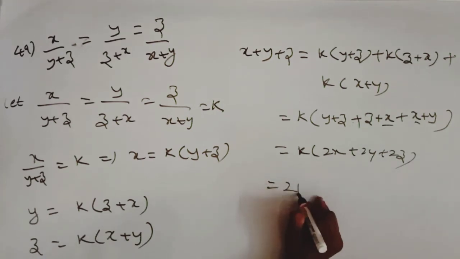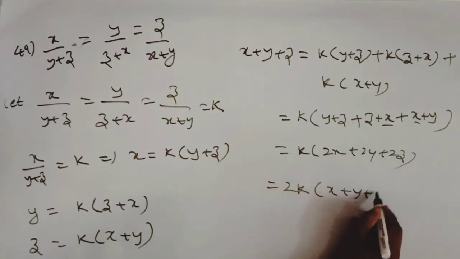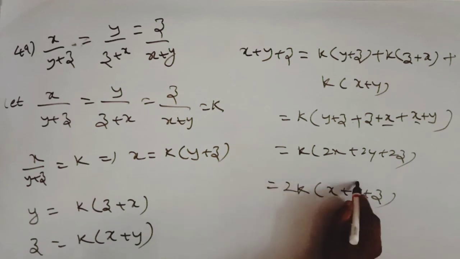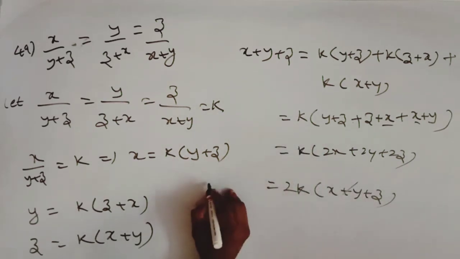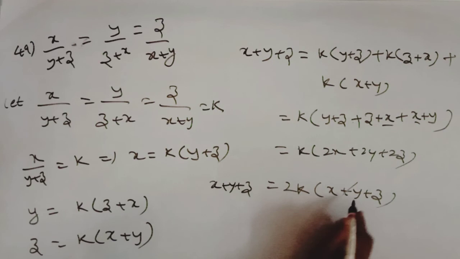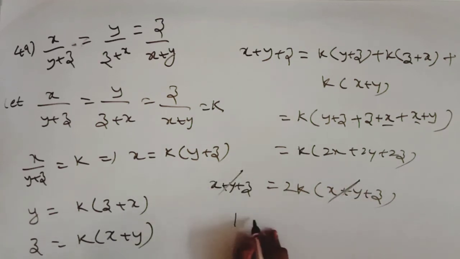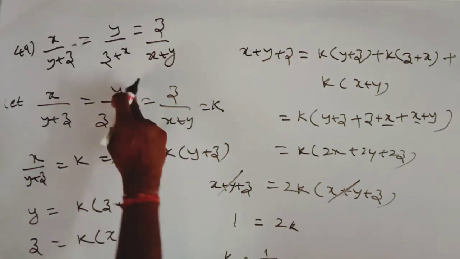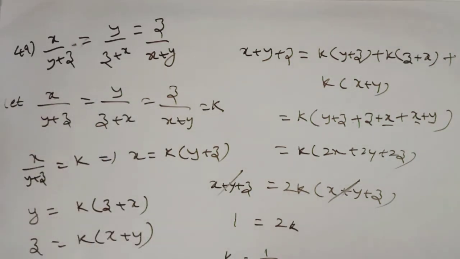Now I'm taking 2 common, 2k into x plus y plus z. Okay, so now x plus y plus z is equal to 2k into x plus y plus z. Now x plus y plus z will be cancelled, that is 1 is equal to 2k, then k is equal to 1 by 2. Each fraction will be how much? Each fraction is equal to 1 by 2, 1 by 2, 1 by 2. So this is the answer.